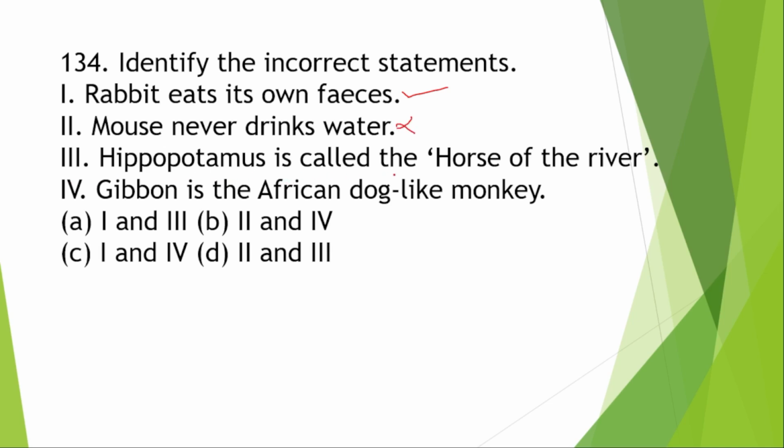Hippopotamus is called the horse of the river. Yes, this one is right. Gibbon is the African dog-like monkey. This is wrong. Gibbons are small apes and are native to Asia, not Africa. So the incorrect statements are 2 and then 4. Right option is B.